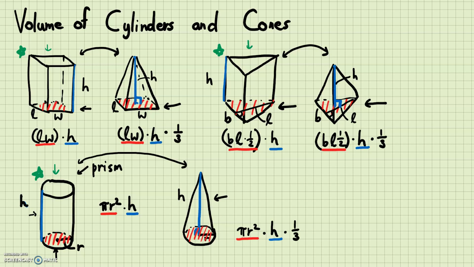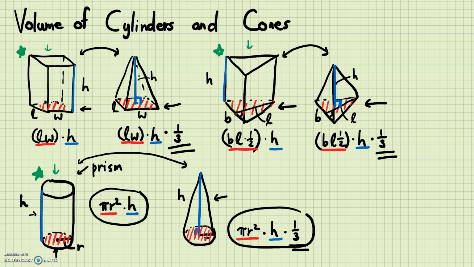Okay, so the relationship between the rectangular prism and the rectangular pyramid was that for the pyramid, you divide it by 3, or multiply it by 1/3. And the same for triangular prism and triangular pyramid, you divide it by 3. So here, the relationship is the same. You divide the volume of the cylinder by 3 to get the volume of a cone. So these would be the formulas for finding the volume of a cylinder and a cone.